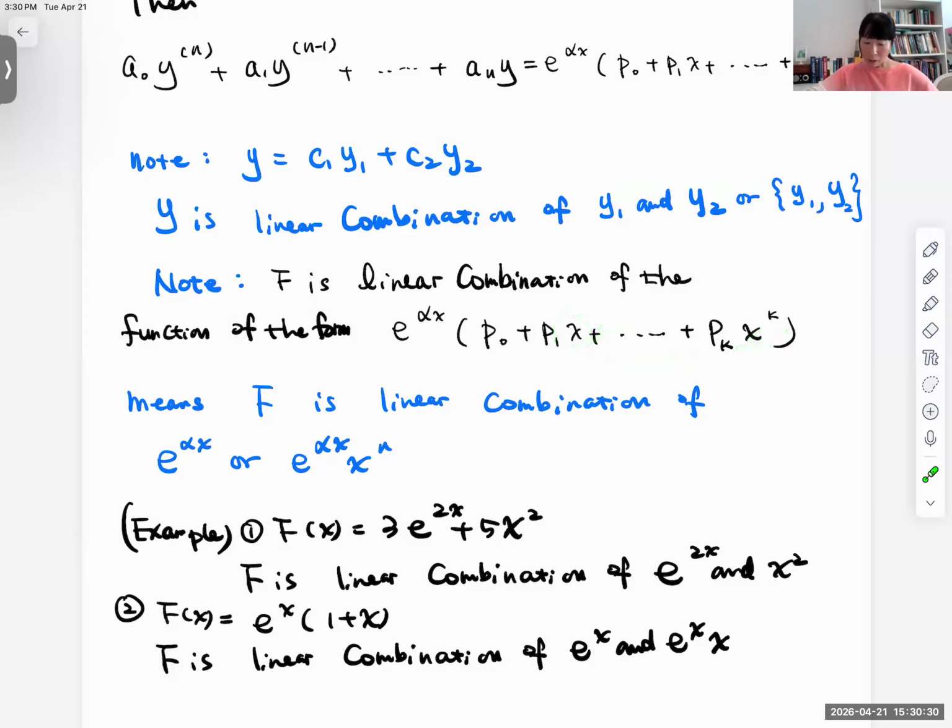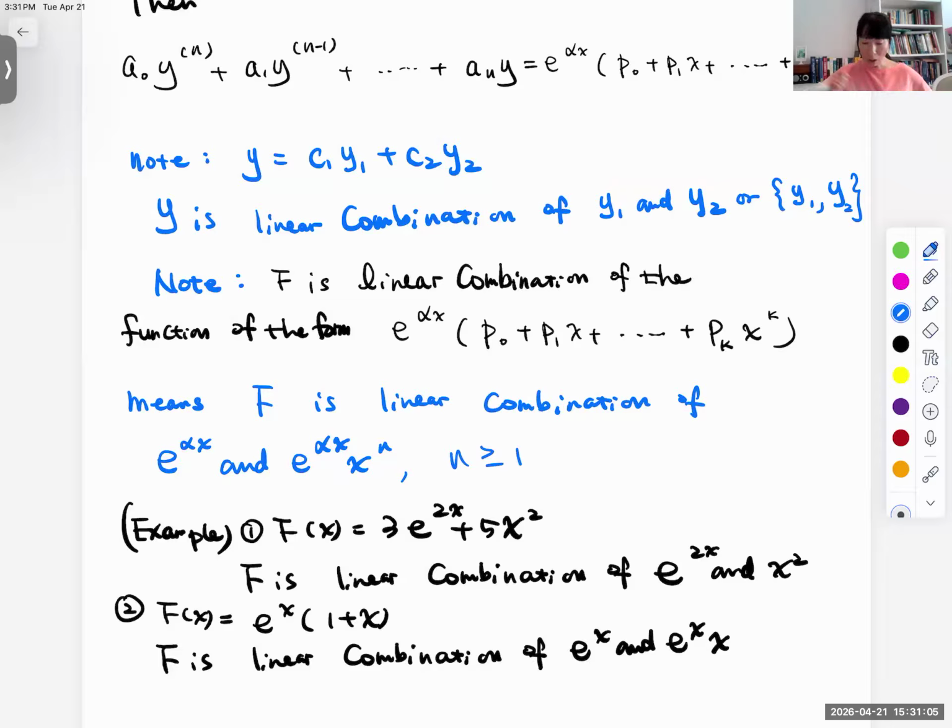So we can say that f is a linear combination of e to the alpha x and, not or, e to the alpha x times x to the n power, where n is greater than or equal to 1. Just as with y being a linear combination of y sub 1 and y sub 2, we do that here too.